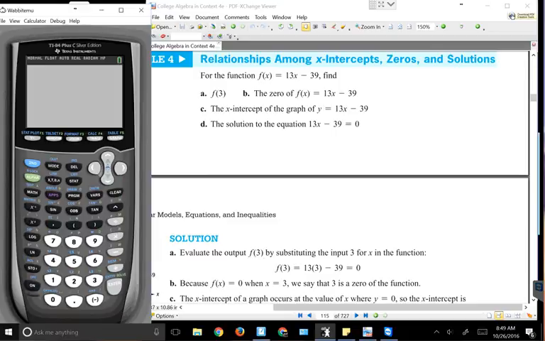You can use a spreadsheet. There are other ways of dealing with it. You can write it out by hand, but the graphing calculator is going to give you the best idea of what's going on here, simply because it gets you practice looking at different types of equations and graphs. So, y equals, I'm going to put in that equation of 13x minus 39.